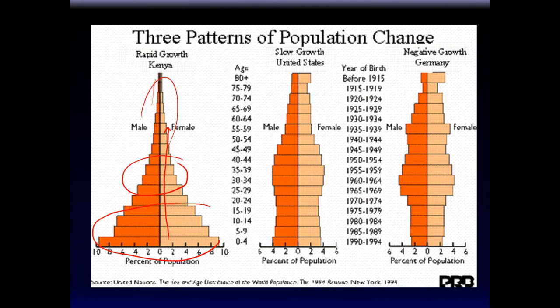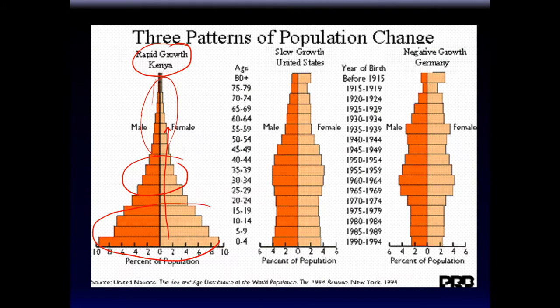This type of graph describes a geographic area where there is a rapid growth rate, because these young people will mature into reproductive age, and then each of them will have children and contribute to a rapid growth rate. So a graph like this suggests that the population is growing. You can take a sample picture of a population, and however the percentage of each age group is, you can tell how fast that population is growing.